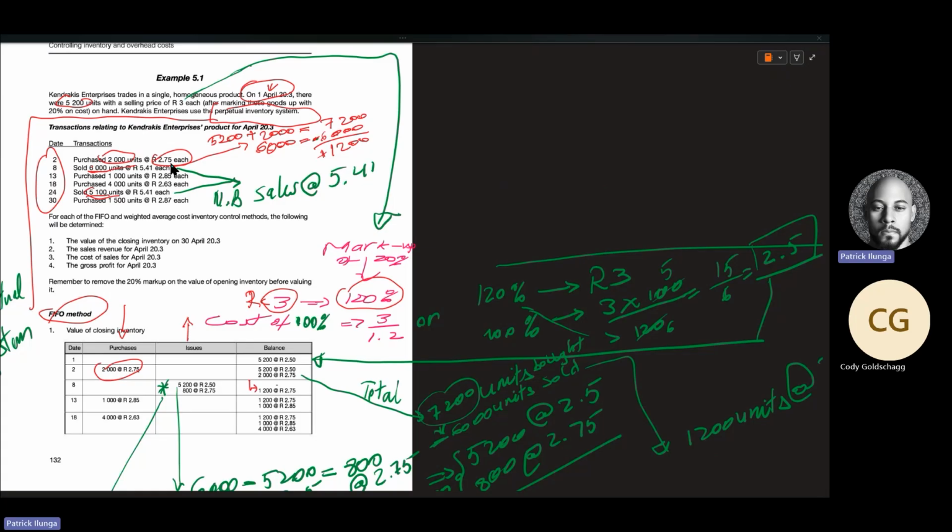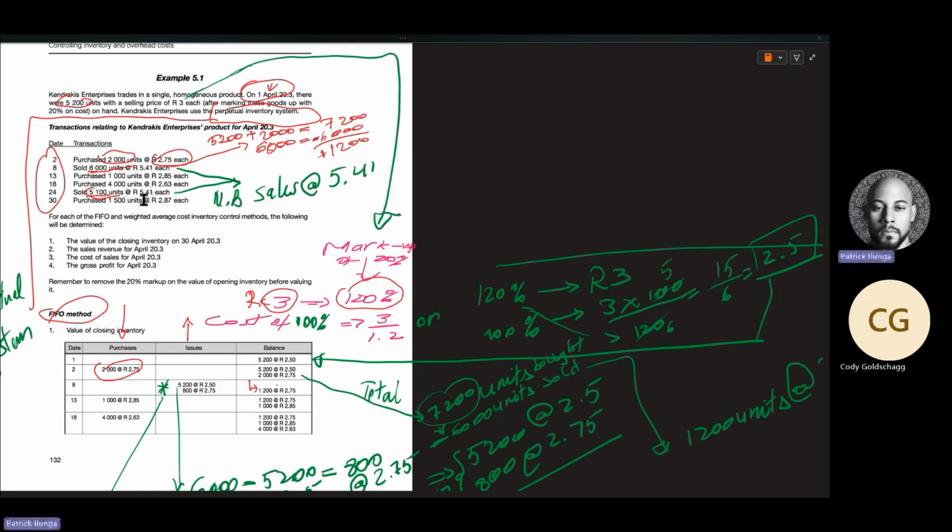On the 1st, the 5,200 units were purchased at 2.5, and we worked that out. On the 2nd, we're purchasing additional units at 2.75, slightly higher. We are selling those same units at 5.41 each, and it doesn't change. It seems like all sales are sold at this agreed upon price of 5.41.